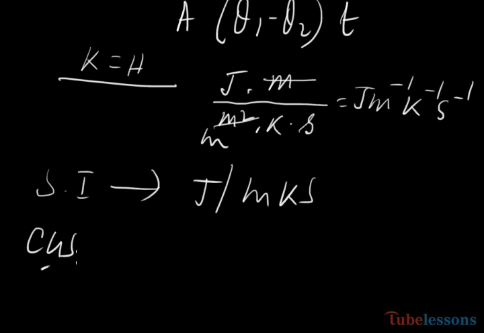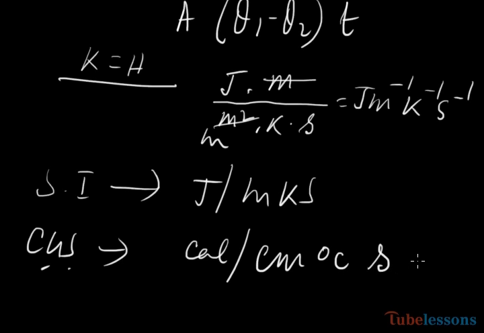Similarly, in CGS, the quantity of heat is calorie, instead of meter it will be centimeter, instead of Kelvin it will be degree Celsius, and second is second. Calorie per centimeter degree Celsius second, or calorie centimeter inverse degree Celsius inverse second inverse. So these are the CGS and SI units of thermal conductivity.